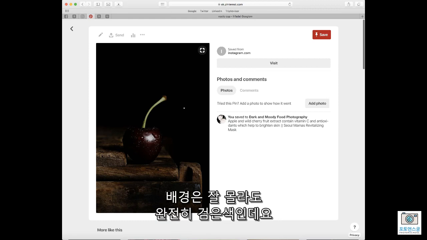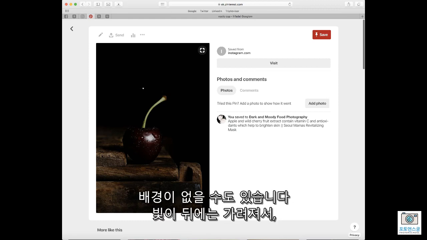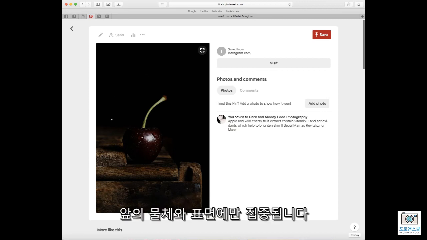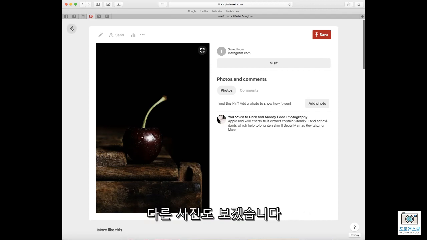It is fully black. I don't even think there is any background. I think the light is somehow blocked so that it doesn't enter the background, so that it just stays on the subject and on the surface where this picture is taken.